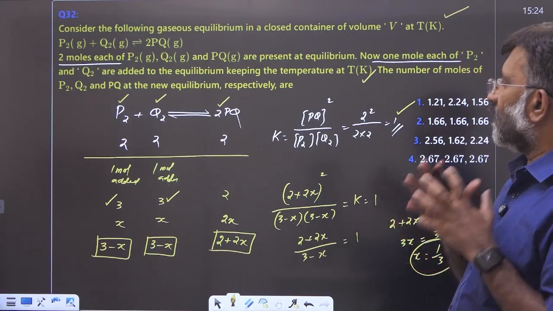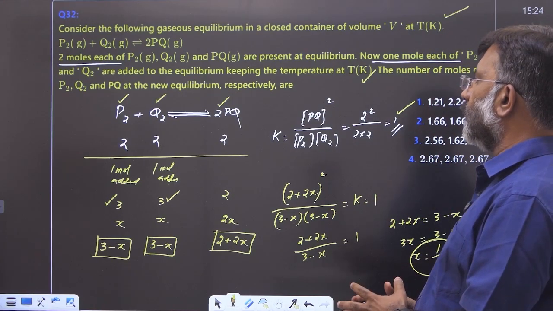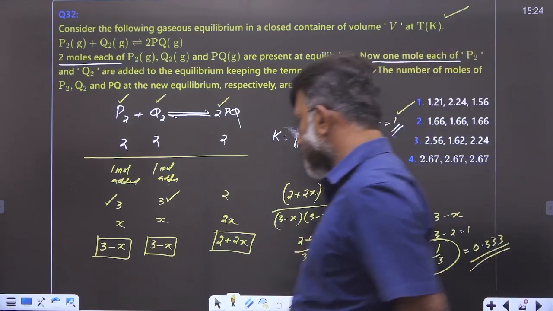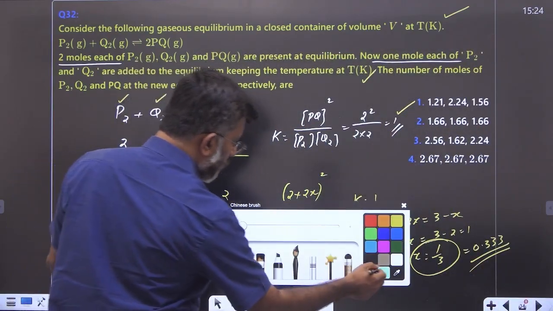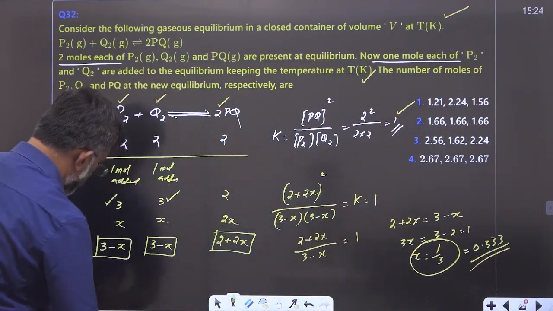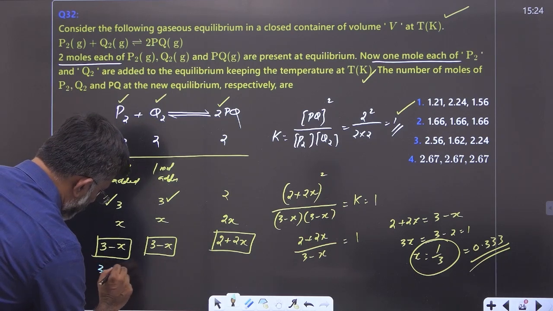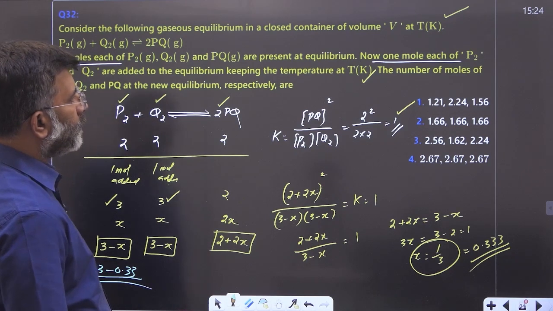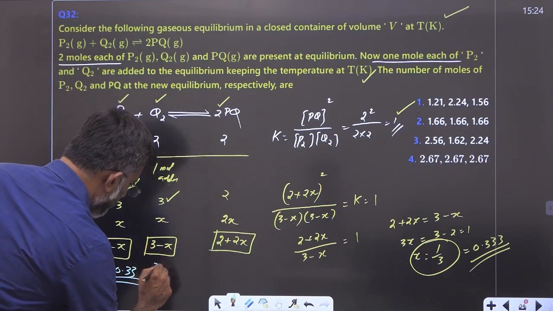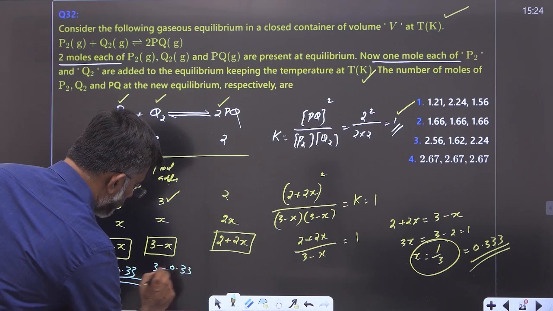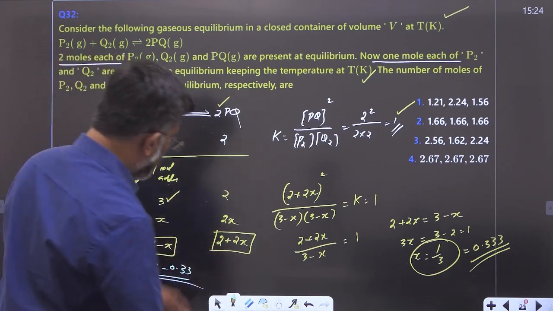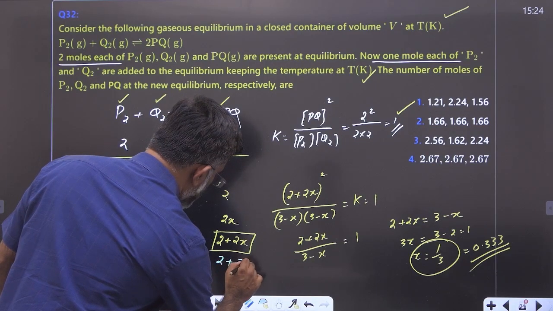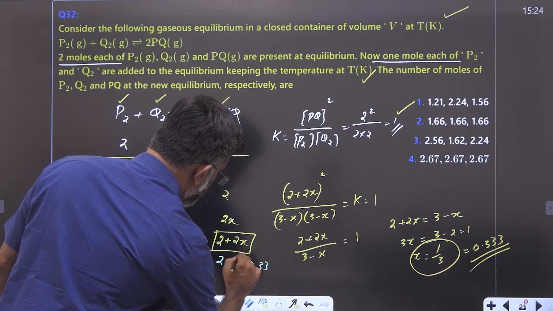Now what is our question? Number of moles of P2, Q2, PQ at a new equilibrium. So the quantity at a new equilibrium, it is 3 minus 0.33, here also 3 minus 0.33, and here it will be 2 plus 2 into 0.33.